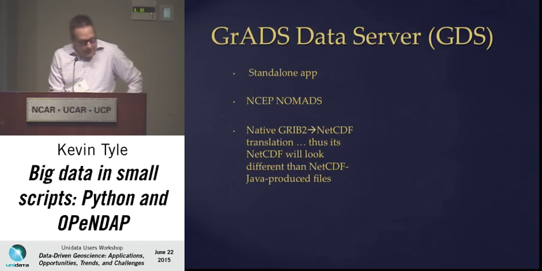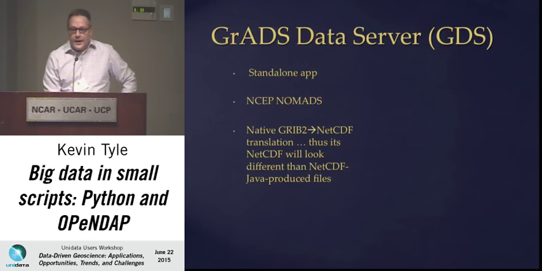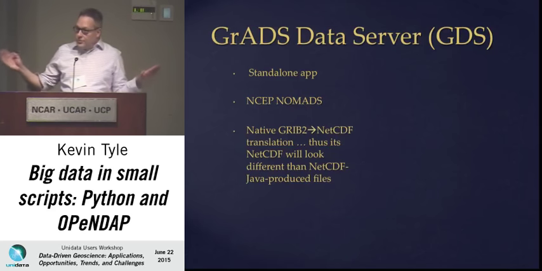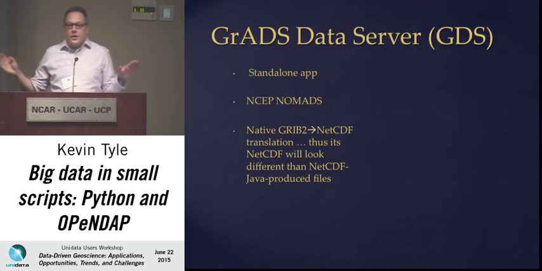Now, GrADS, this is still used in a multitude of places, including NCEP NOMADS, and it also will translate GRIB2 data into netCDF, but it does it its own way. And this, as we'll see in a couple of the demos, will cause some problems.